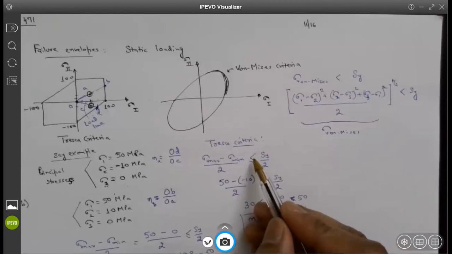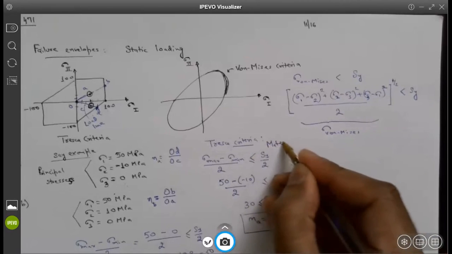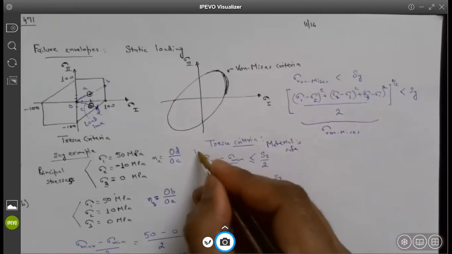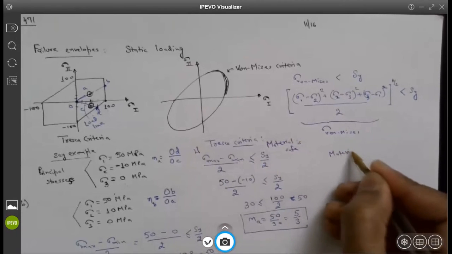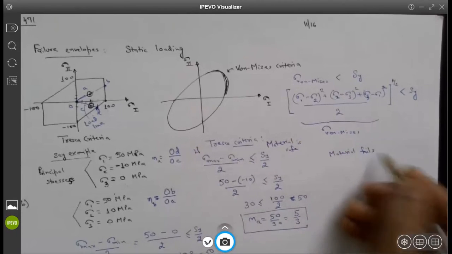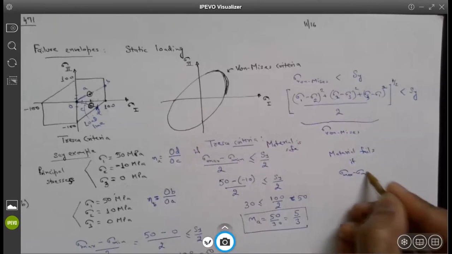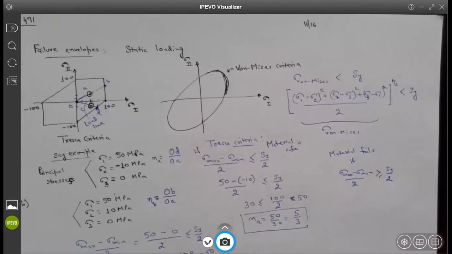So if I use this sign, I will say the material is safe. And if I reverse the inequality, I will say material fails if sigma max minus sigma min divided by 2 is greater than or equal to sy over 2. Does that make sense?